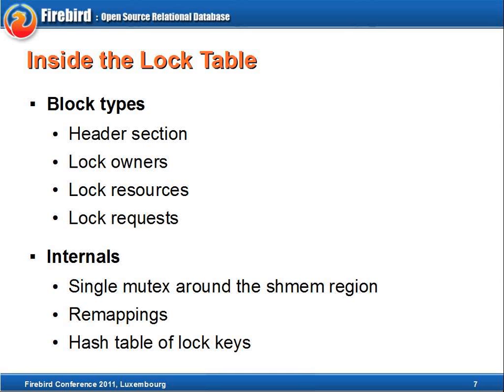What is an owner? In the log table, an owner is a connection. So if you see, for example, that the log table lists 10 owner blocks, it means that 10 user connections are actually accessing that database at the moment.